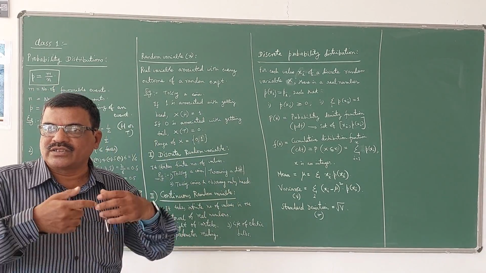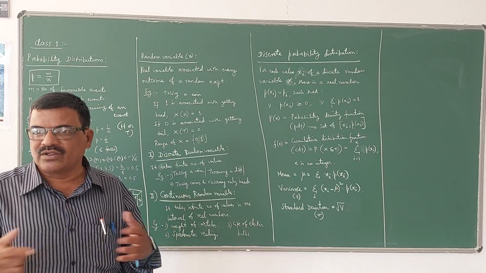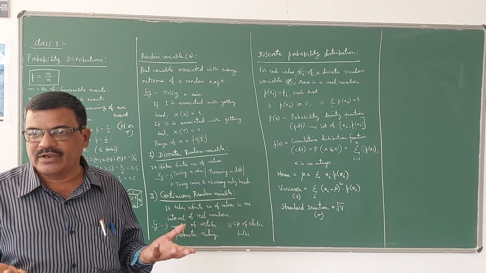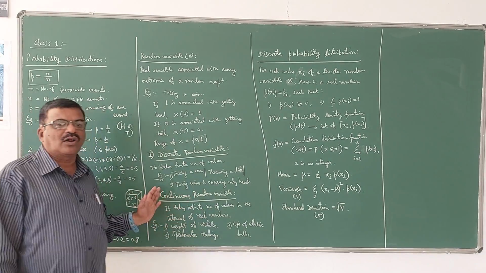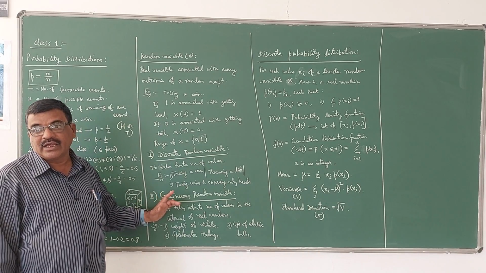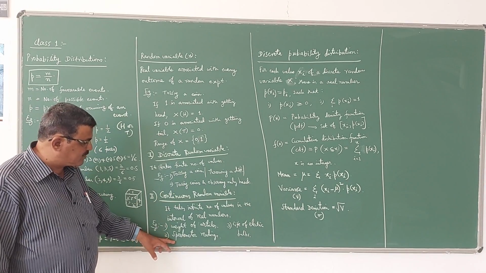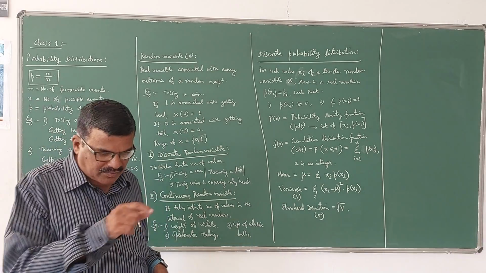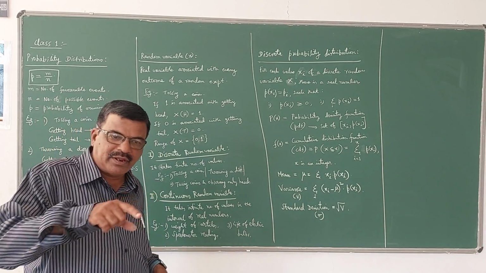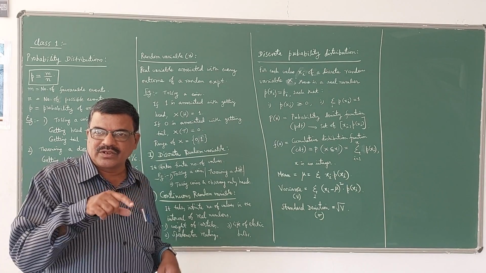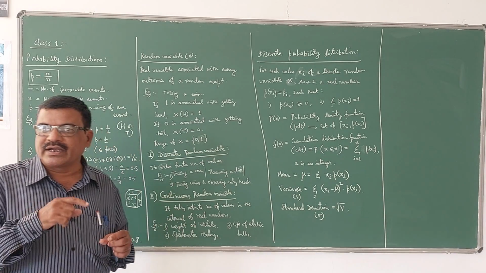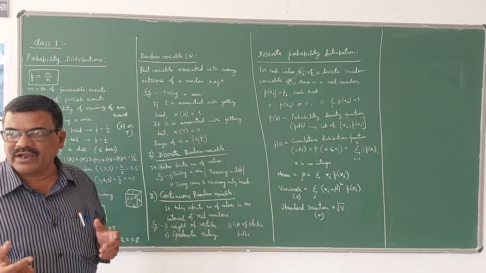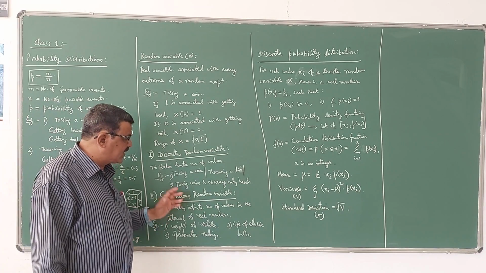Is it not? So there is a large variation. It is not limited. That means the values are not finite. You can have infinite numbers. Similarly, speedometer readings. When you are riding a bike, if you observe the speedometer, it will be oscillating like this. Each and every moment, that reading will be different. So that is why it can be taken as a continuous random variable.